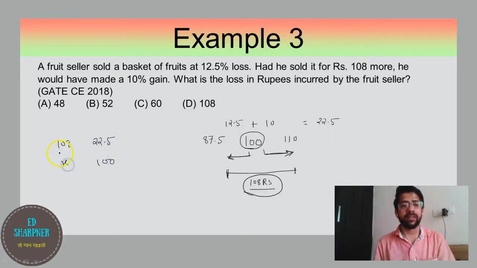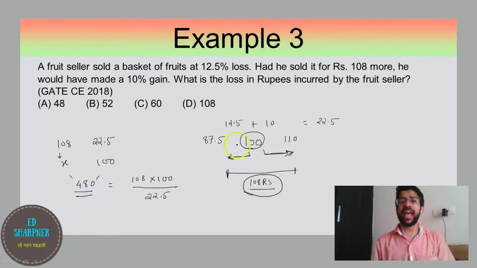So what might be the original price of the fruits? Now we just need to cross multiply. So 108 multiplied by 100 divided by 22.5, which gives me 480. Now 480 is actually my original price of the fruits.